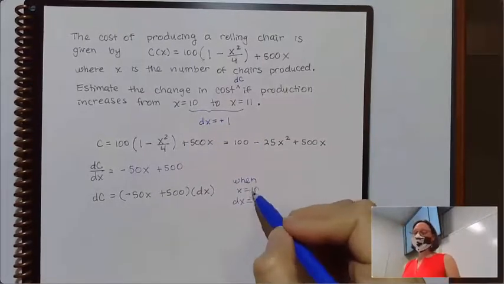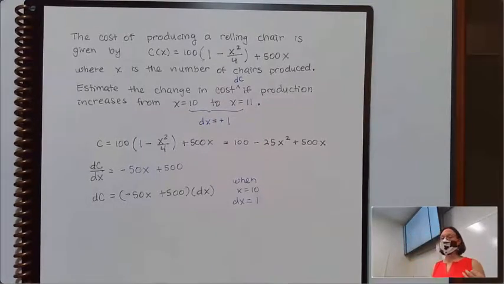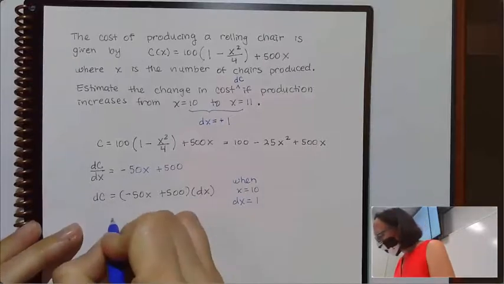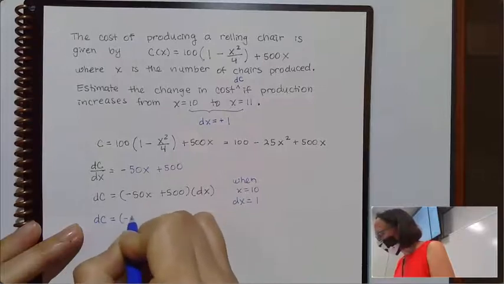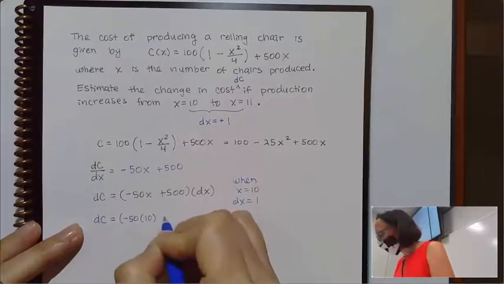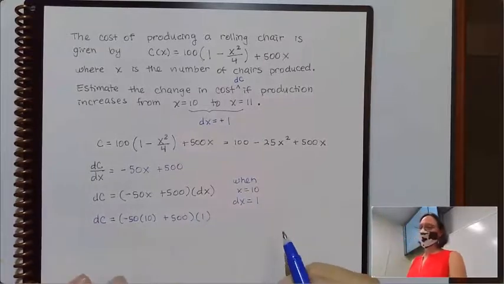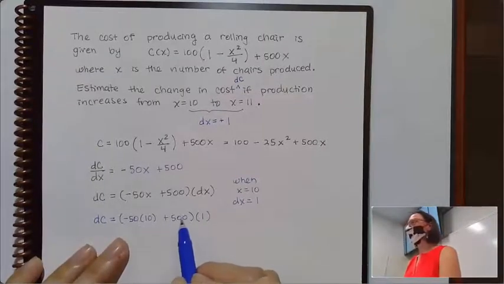Again, the reason I'm using 10 is because in general, on these estimation problems, we're plugging in the nicer number, not the messier one. So I'm going to have negative 50 times 10 plus 500 times 1. And this is where, because I totally made up the problem, this ended up working out to be 0.